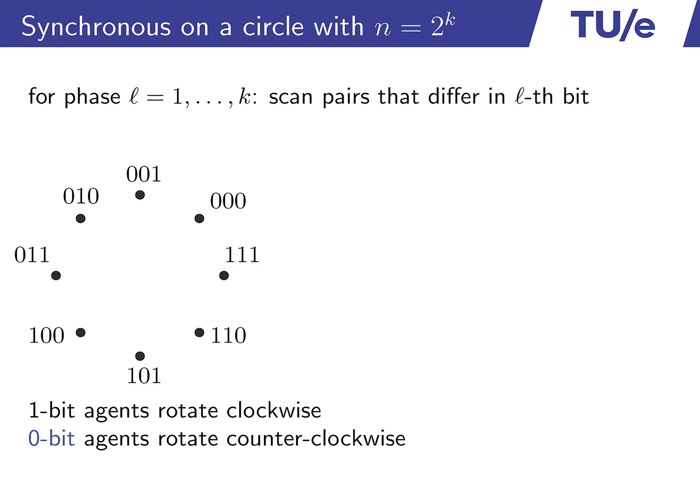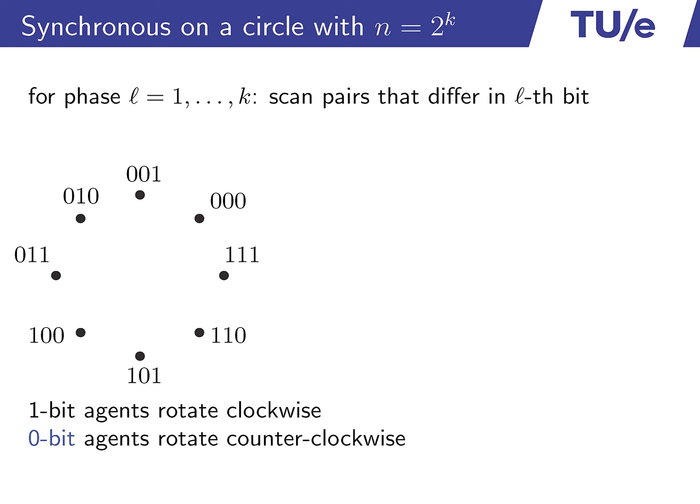The main idea is to scan all agents within k phases, where in each phase we scan all pairs whose labels differ in the k-th bit and have not been scanned earlier. We do this by rotating the agents with a 1 at the k-th bit, the 1-bit agents, clockwise, and the other agents, the 0-bit agents, counterclockwise.